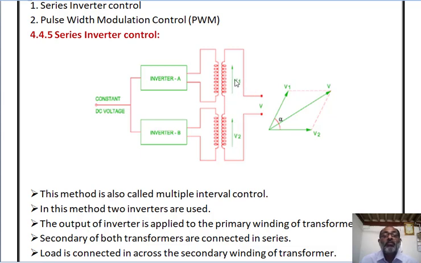Here V1 is the induced EMF in the secondary winding of transformer T1, and V2 is the induced EMF in the secondary winding of transformer T2. Now you can see the vector diagram. There is an alpha angle between these two voltages due to the inductance of the secondary winding coil.